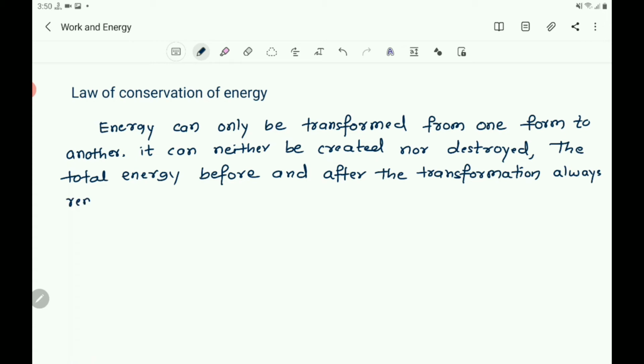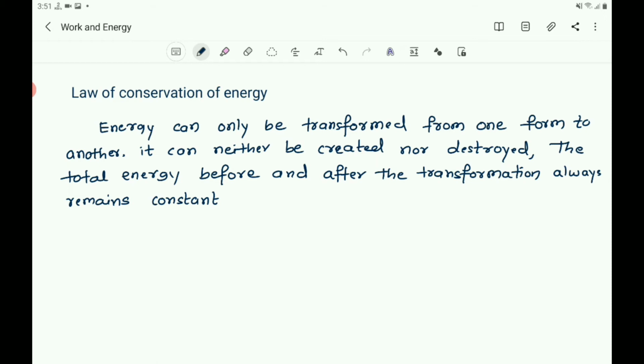So, according to the law of conservation of energy, energy can only be transformed from one form to another. It can neither be created nor destroyed. The total energy before and after the transformation always remains constant.